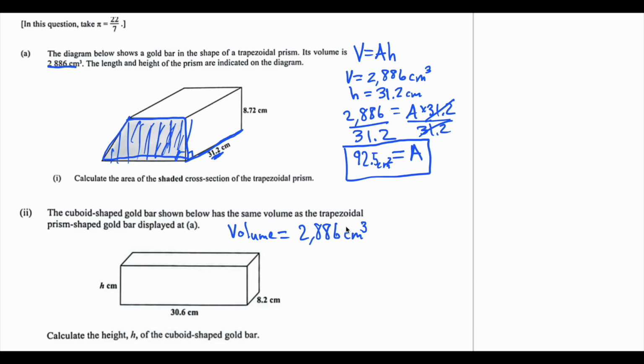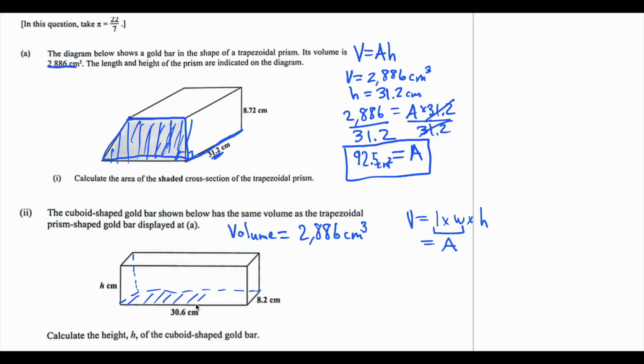Let's try it out. Typically we know that the volume of a cuboid is length times width times height. The length times width specifically represents the area. In this case we could use this part as the area because we're looking at the cross-sectional area.